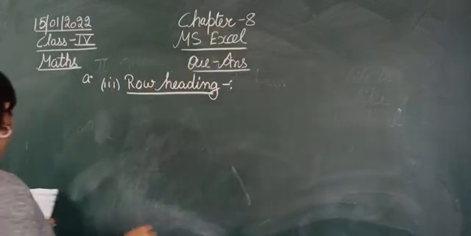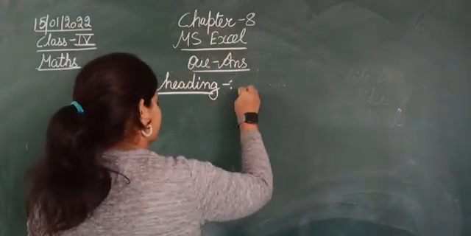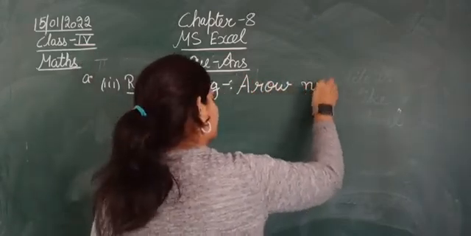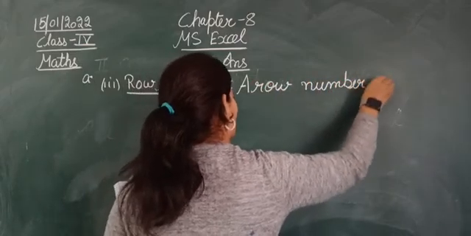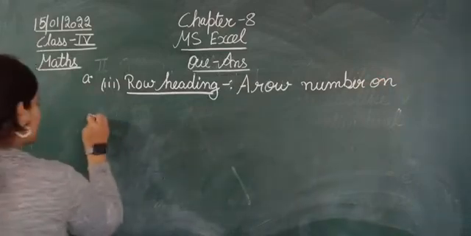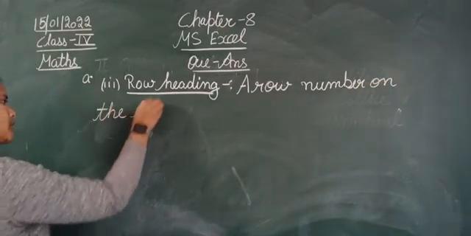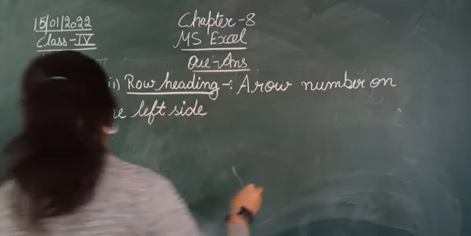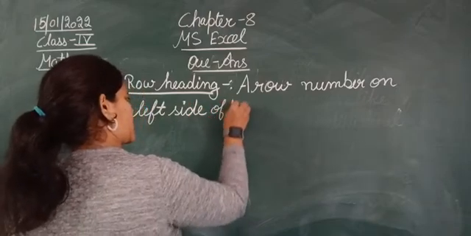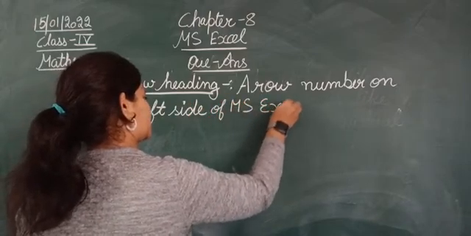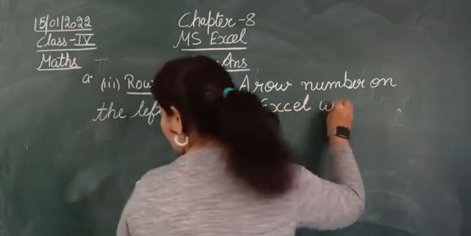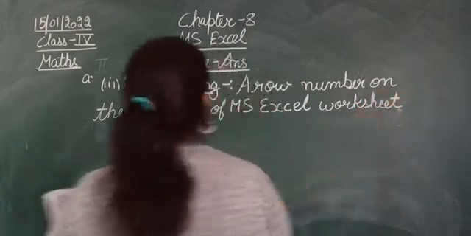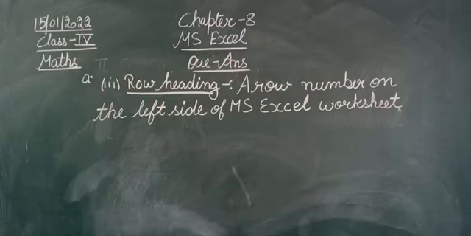In MS Excel, a row number on the left side, or write down, a row number on the left side of the MS Excel worksheet.